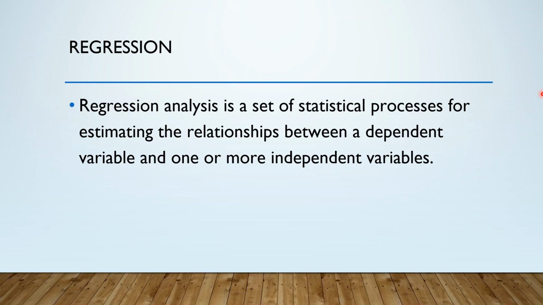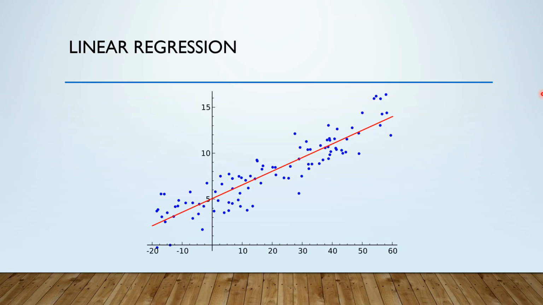Regression analysis is a set of statistical processes for estimating the relationships between a dependent variable and one or more independent variables. The dependent variable is y and the independent variable is x. By this regression analysis, we can find the relationship between x and y.